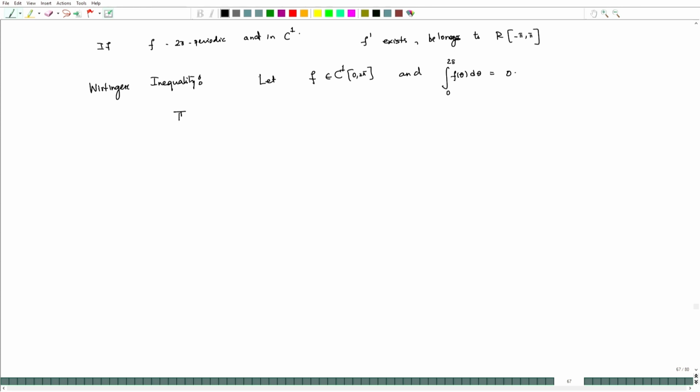Then the integral from 0 to 2 pi of mod f of t square dt is less than or equal to the integral from 0 to 2 pi of mod f prime of t square dt.